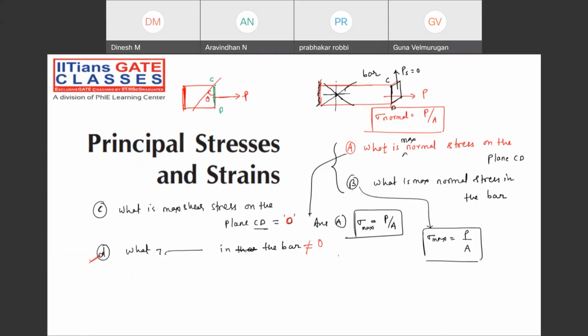But what about this CE plane? If you resolve the force, one component will act along the plane like this, and another perpendicular to it. Because of this component there will be a shear force on the plane EC, and because of that the shear stress will not be zero. So if somebody asks what is the maximum shear stress on the cross section when there is no shear force, it's a zero value. But in the whole bar, you cannot say that. Understanding?